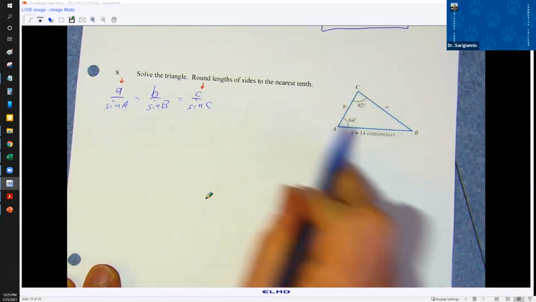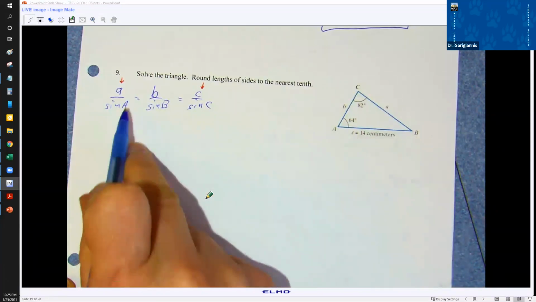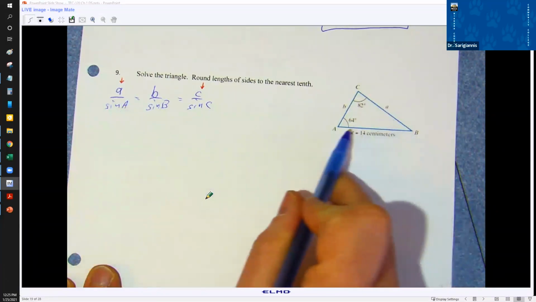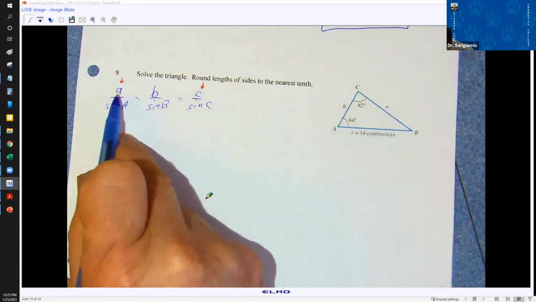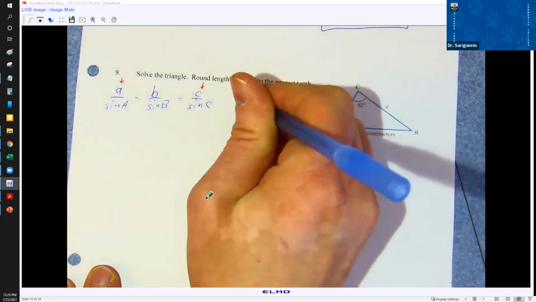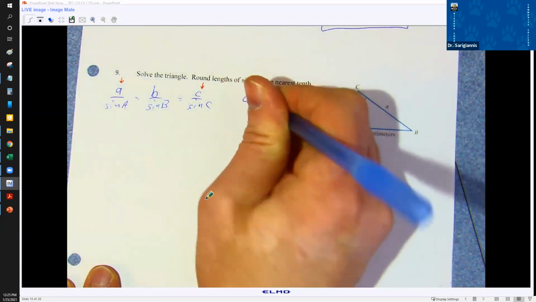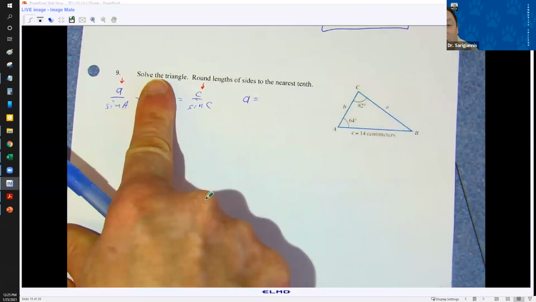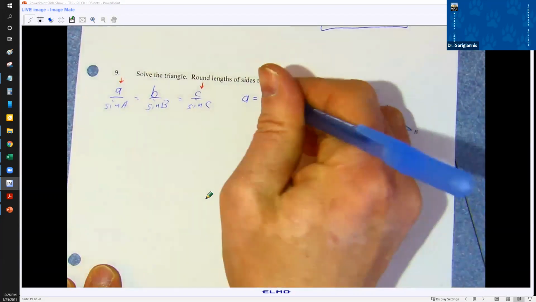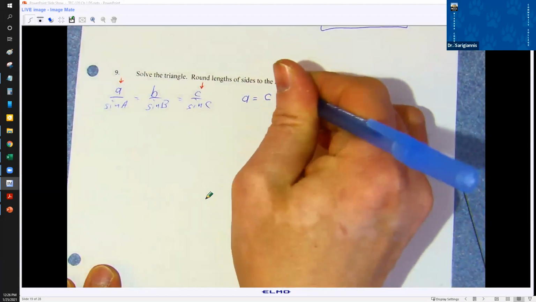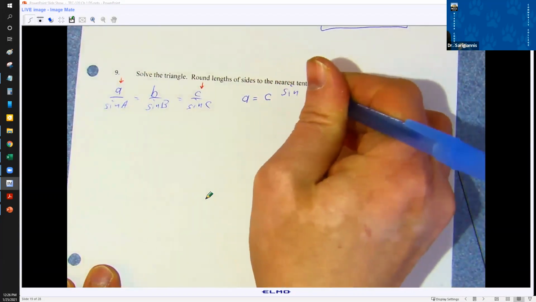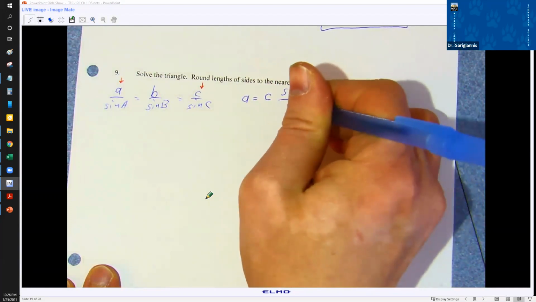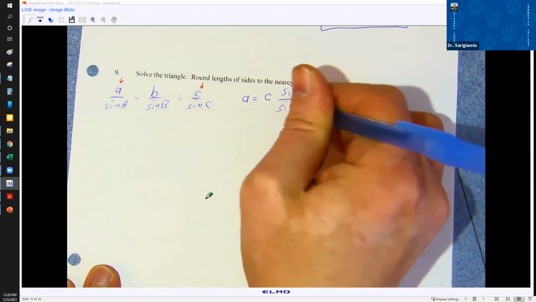I know what C is, and I know what the angle of A is, so I can find A as a function of all these other things. This is just simple algebra now, right? Ignore this one for a minute. A over sine A equals C over sine C. So that means A is just C times sine A over sine C.